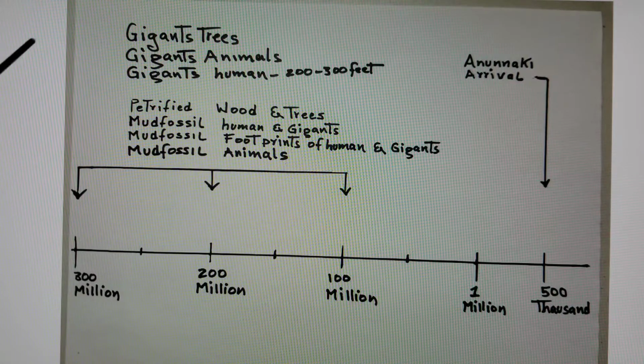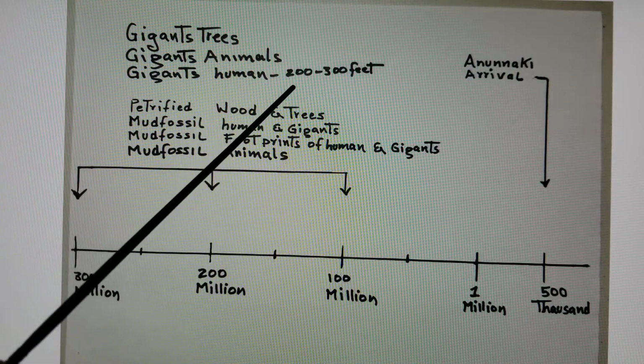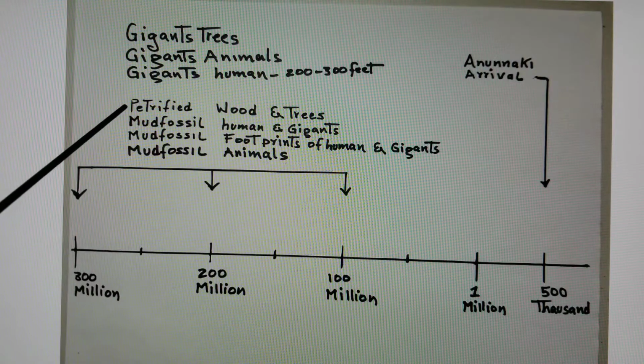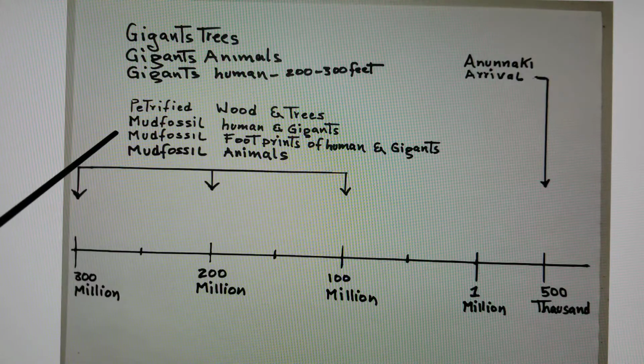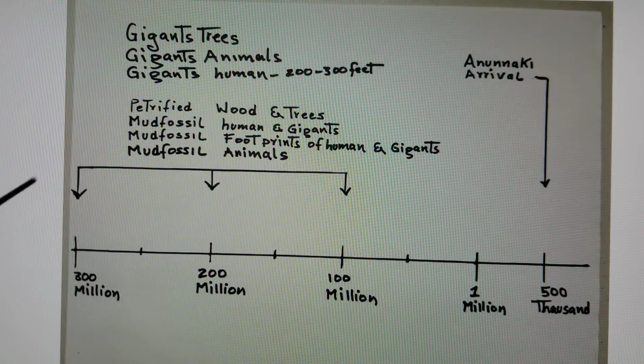Giant trees, giant animals, giant humans, 200, 300, 500, and up to 1,000 feet tall. And the evidence is the petrified wood, fossils of humans, giants, fossil footprints, fossil animals.